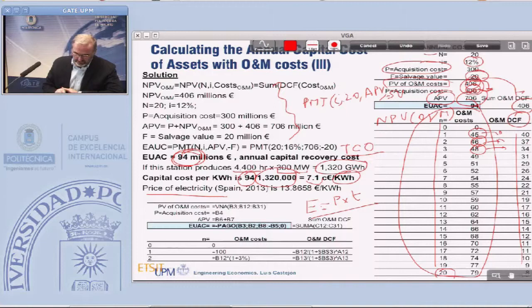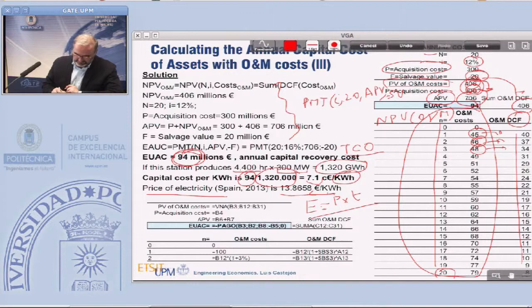Let me just notice that this is a misprint: the price of 13.860 is either centi-euros or 80 euros per megawatt.